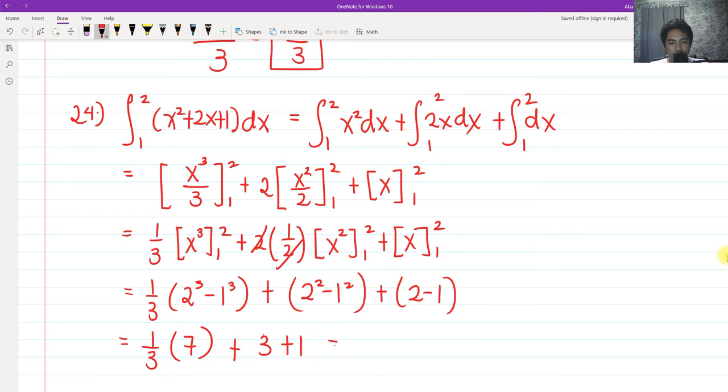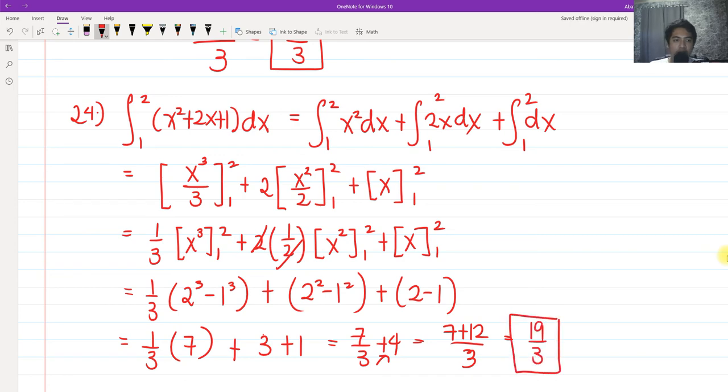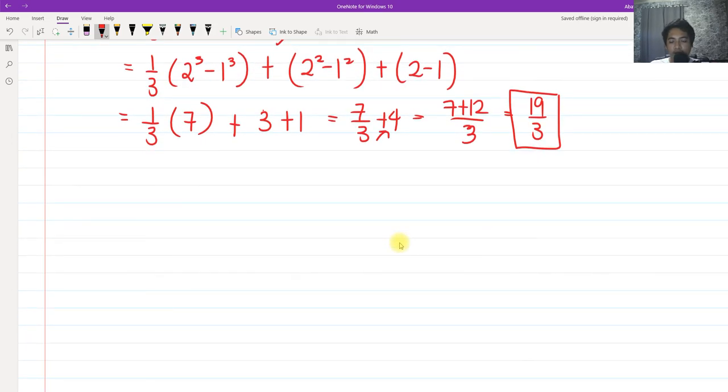So we have 7 all over 3 plus 4. So we have 7 plus 12 all over 3. You just cross multiply: 3 times 4 is 12, then you add it with 7. So that's how you do it. 12 plus 7 is 19 all over 3. So that would be the answer for our definite integral: 19 all over 3.